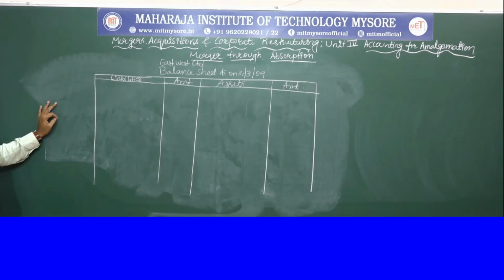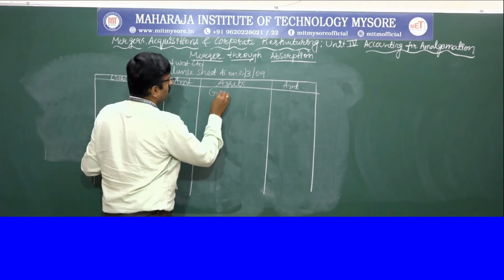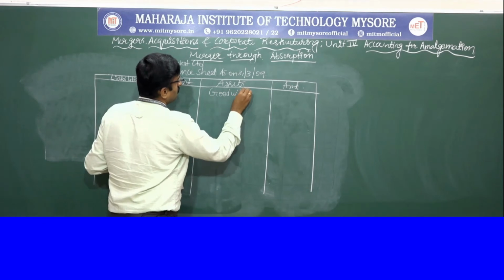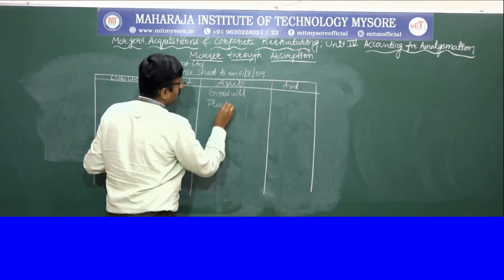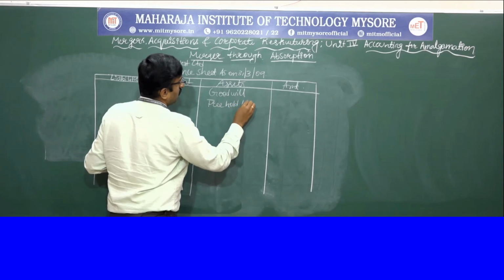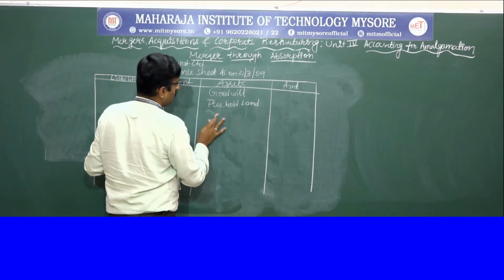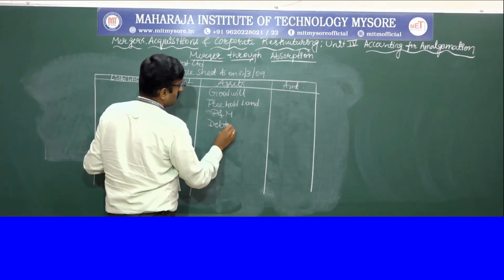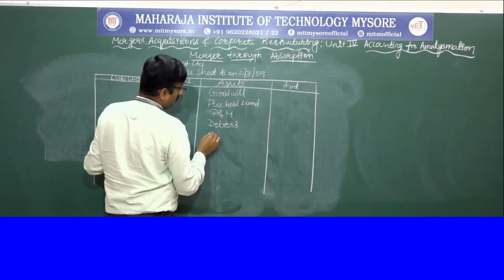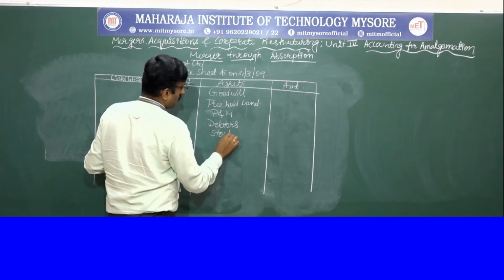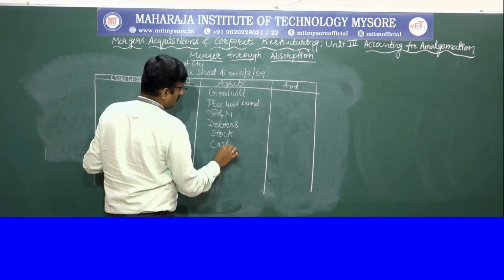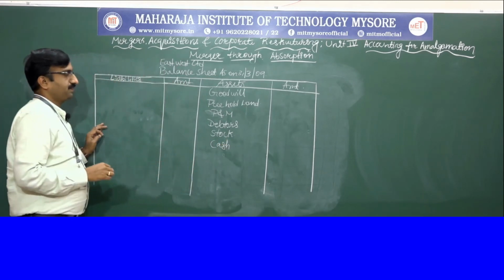First, you take all the assets together. We have goodwill, freehold land, plant and machinery, debtors, stock, and cash.